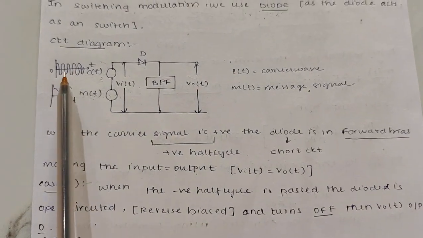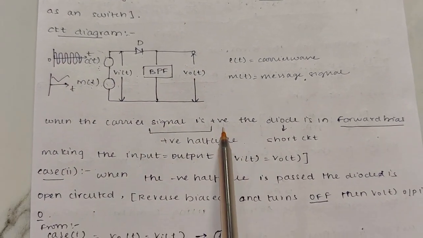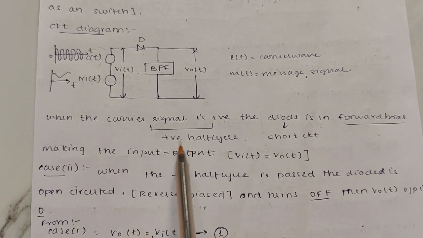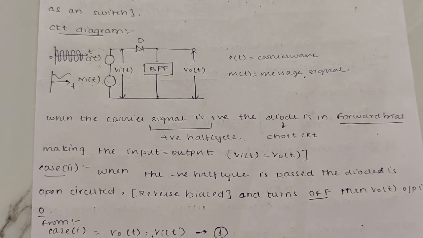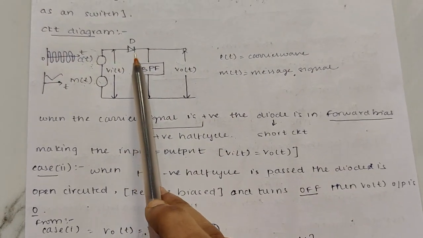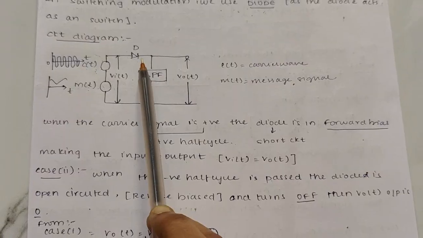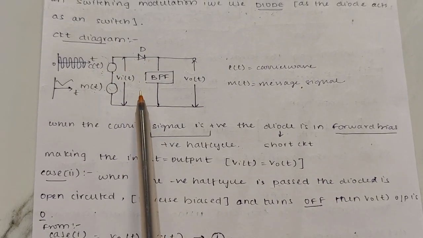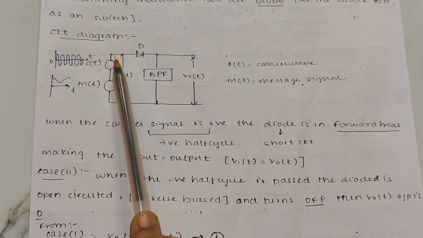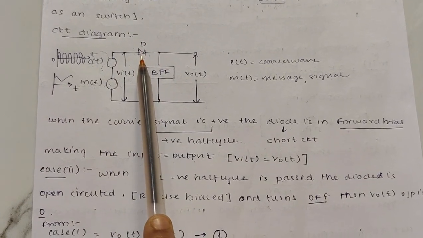Whenever we send a carrier signal, the positive half cycle of the carrier signal is passed through the diode. The diode acts as a switch, right? So when the positive half cycle is applied to the diode, it is forward biased and becomes short circuited.